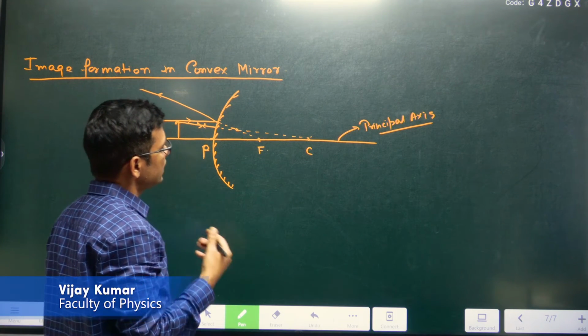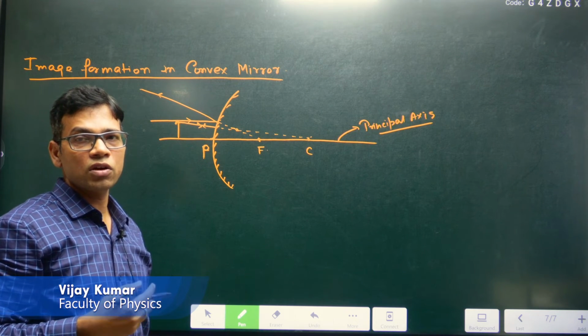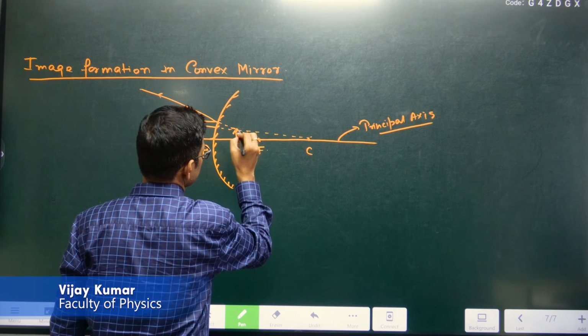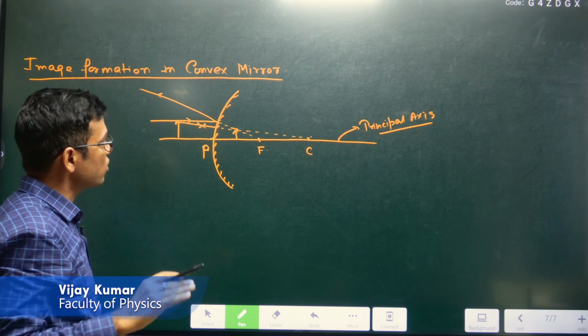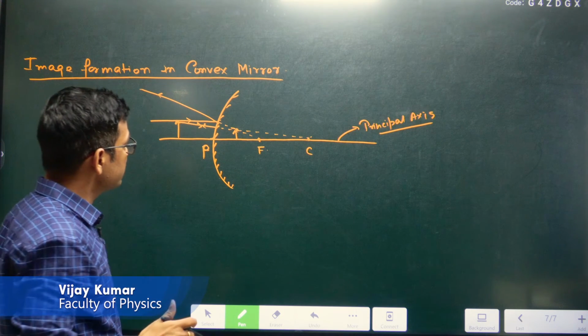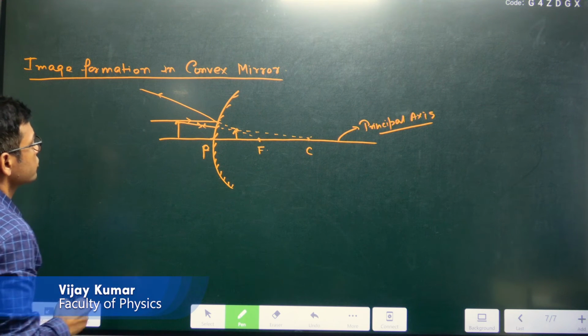As we know, image formation takes place at the intersection of the two rays, and here both rays are virtual rays, not real rays. So the image formed will be virtual.